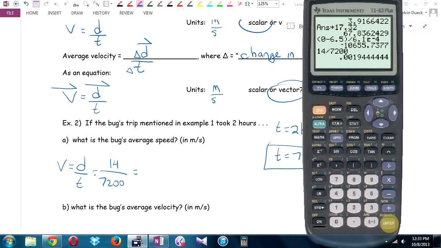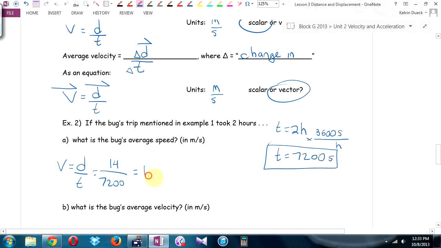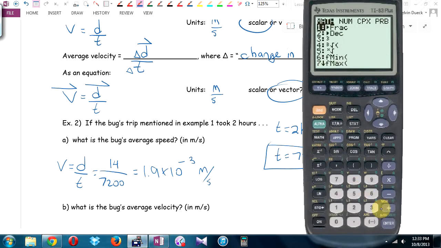1.9, 2 sig figs, times 10 to the negative what? Negative 3, right there. Not going real fast.